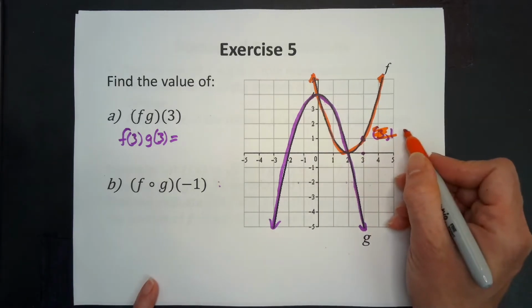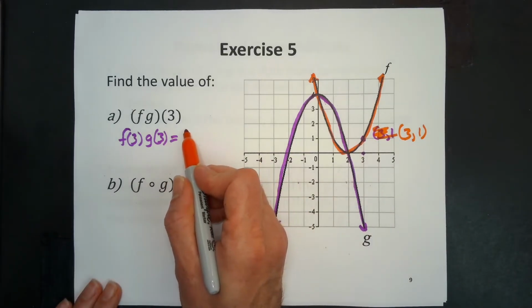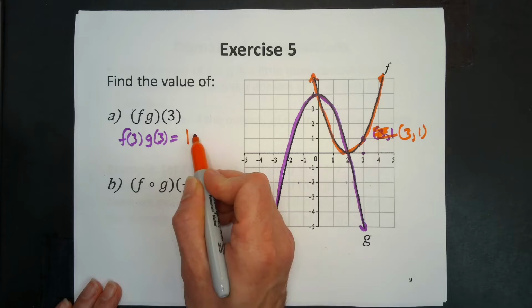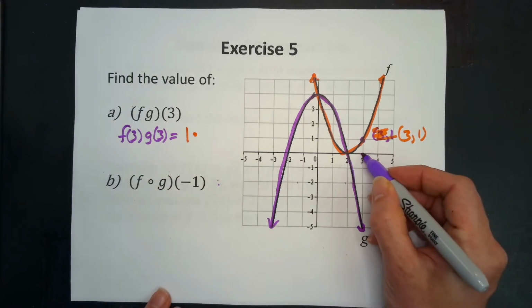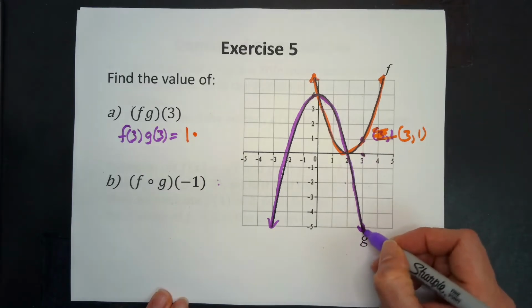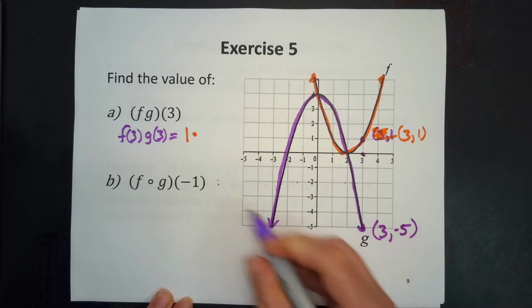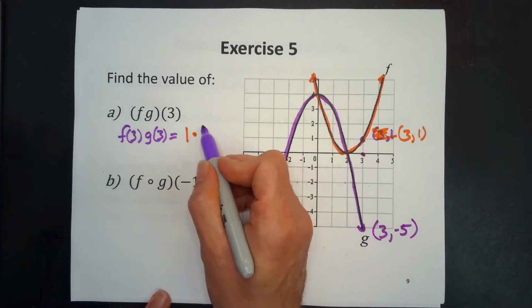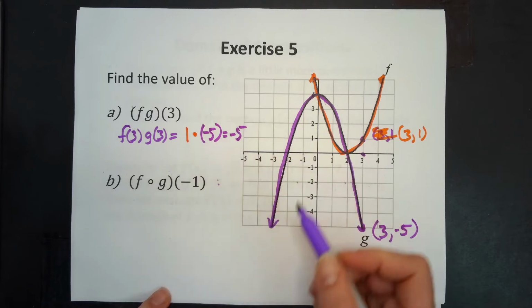So if I plug in 3, I get 1 back out. All right, so my f part here becomes 1 times, and my g, if I look up 3 on my x-axis for my g function, well, that's down here at -5. So that's the point 3, -5. So when I plug in 3, I get -5 back out. So it's going to be multiplied times -5, which gives me -5 back out.